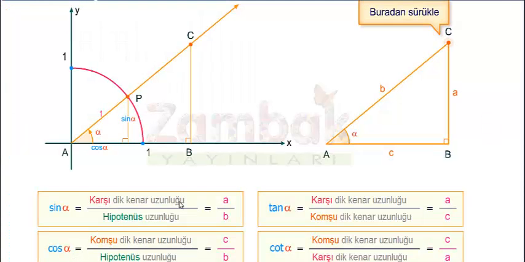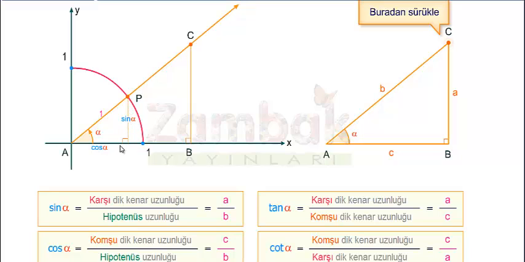Here we are trying to explain the relation between the sides and angle in the triangle. On the unit circle, the hypotenuse is 1, so when you divide the side by the hypotenuse, this is sine alpha over 1, which is sine alpha.